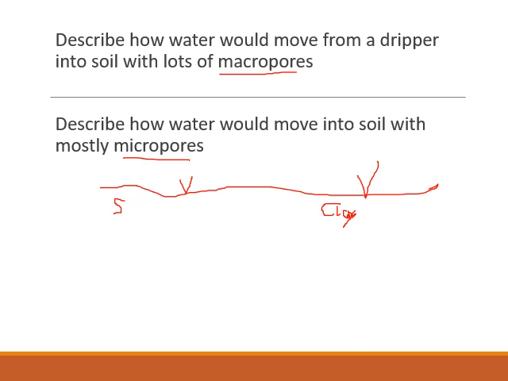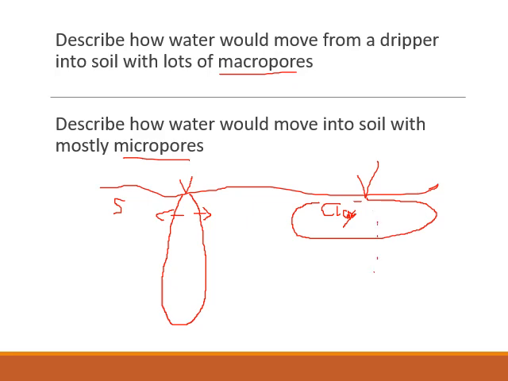And the sand, the water runs deep because it's got lots of macropores, so gravitational forces pull the water quicker than it can spread sideways. Whereas in clay, because it has lots of micropores and not a lot of macropores, the water spreads sideways much more than it would go down because gravitational forces are weak relative to adhesion and cohesion.